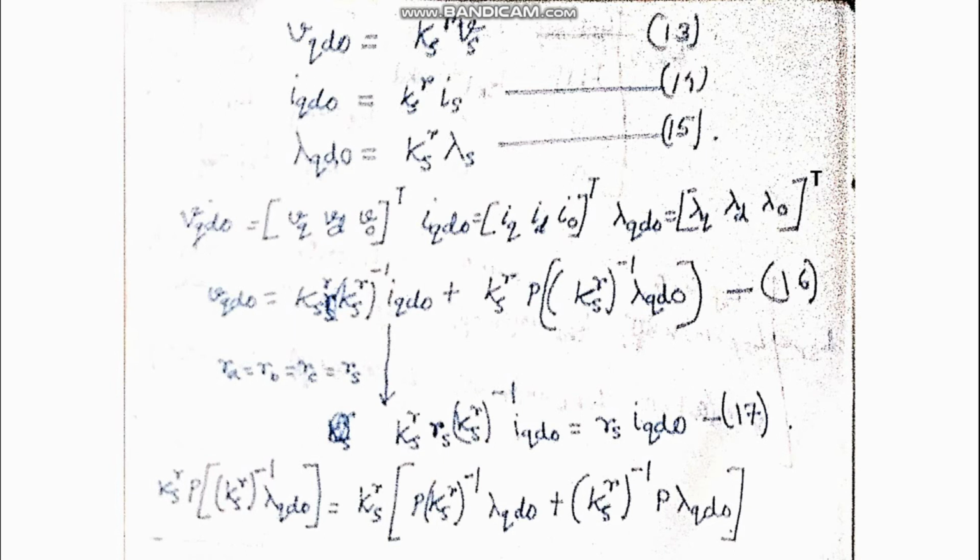Right. So here, this is our KS R. A few days back, one of the students asked me to show this derivation, and I think I have already shown it to him, how this lambda qd0 we can obtain from the stator quantity vabc, how we can obtain a qd0 model, right?